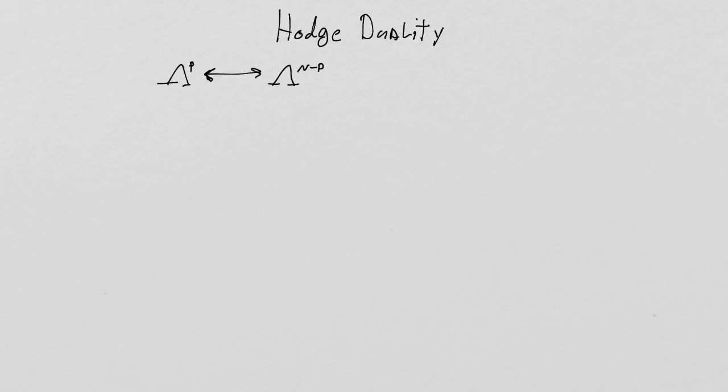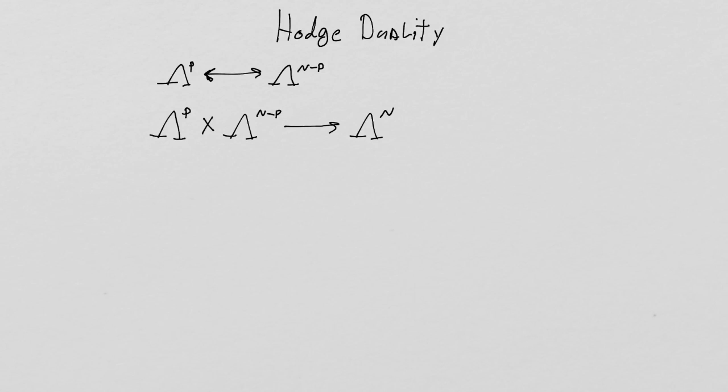Now, we already know one mapping that binds these two guys together, and that is the wedge product itself. The wedge product is a mapping that takes an element of the pth exterior power and an element of the n minus pth exterior power, and gives you an element of the nth exterior power.